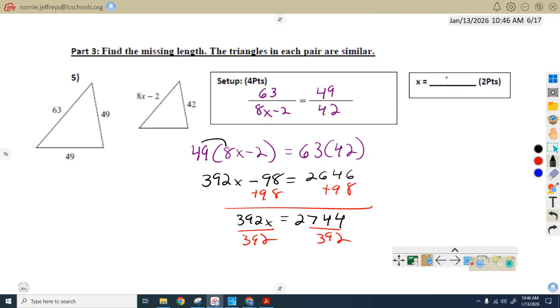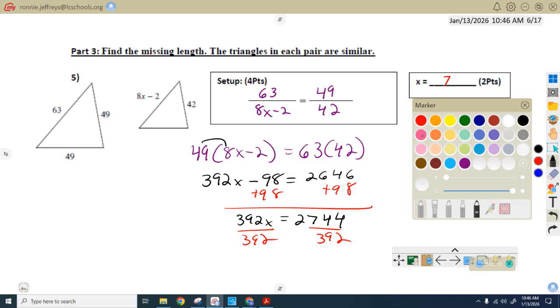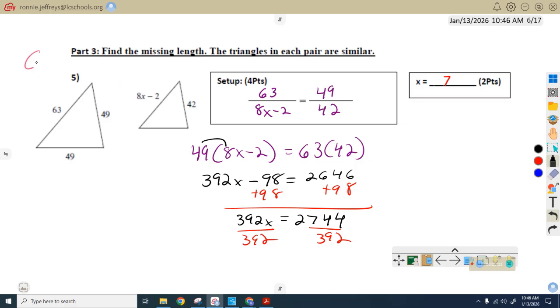Yeah, we do all that just to get 7. Okay. And again, this whole thing is worth 6 points. All right, we'll go to number 5. Anybody need more time?